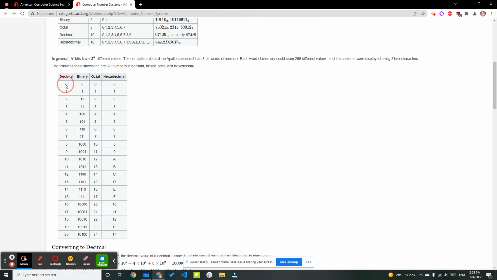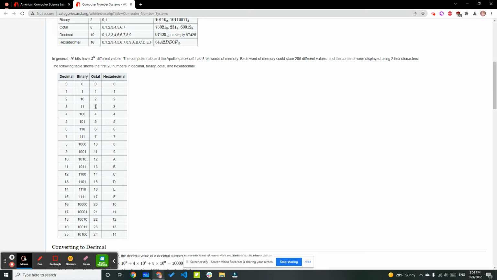Here's a list of the decimal numbers going up by 1. Decimal would go 0, 1, 2, 3, 4, all the way to 20, while binary would go 0, 1, 10, 11, 100, 101, 110, 111.